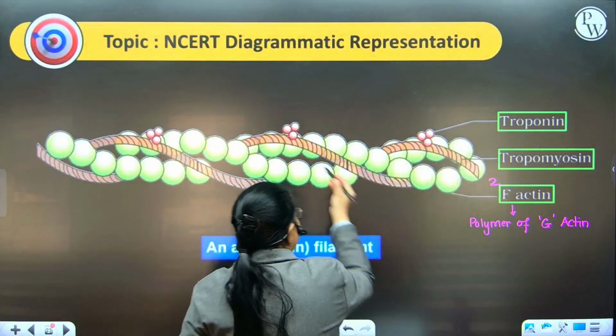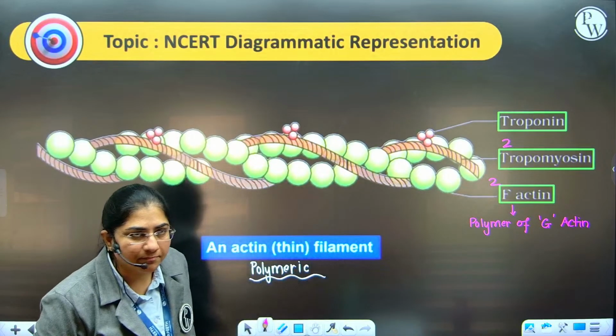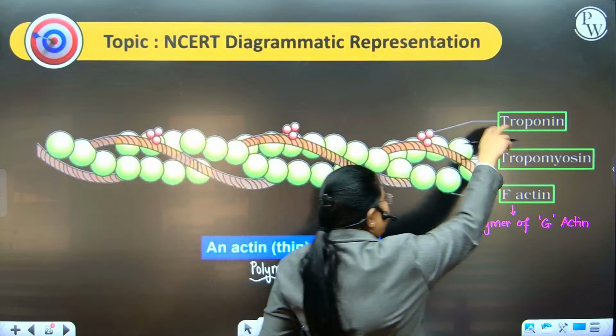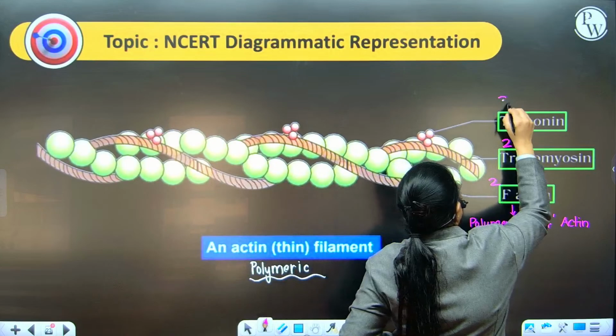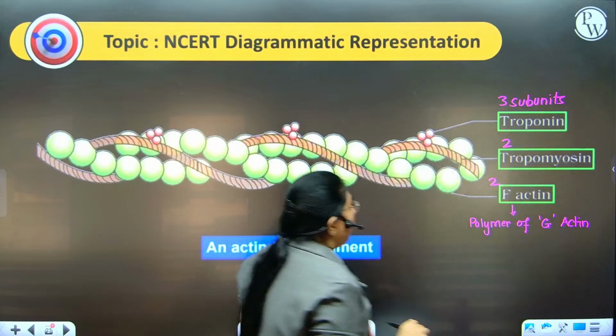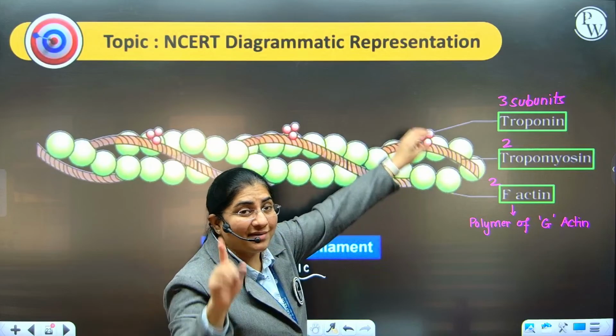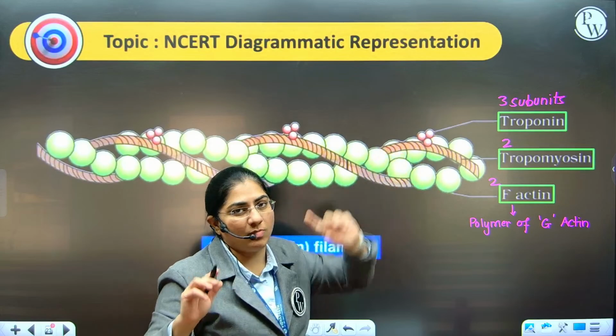and along the length of the F-actin we have two filamentous proteins called tropomyosin. And at regular intervals on tropomyosin you can see these triplets. These are three subunits of troponin, which are placed, again MCQ, at regular intervals on what? Actin or tropomyosin? It is placed on tropomyosin.